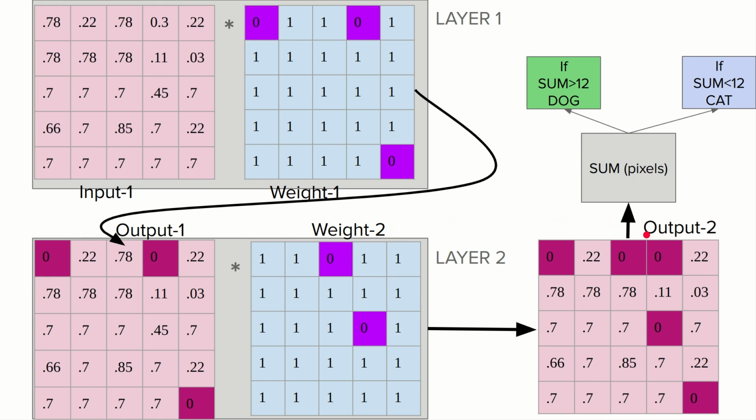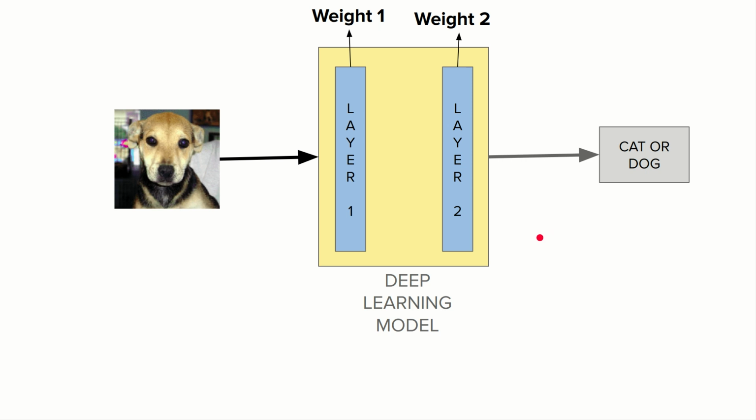So summarizing what we have done till now, we now have a deep learning model with two layers, layer 1 and layer 2. The weight 1 matrix is associated with layer 1, and the weight 2 matrix is associated with layer 2. We give our image as input to our deep learning model, which does certain computation in sequence.